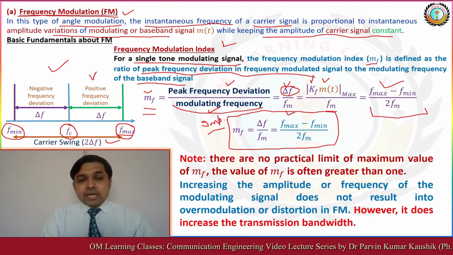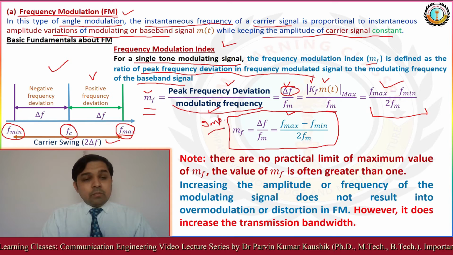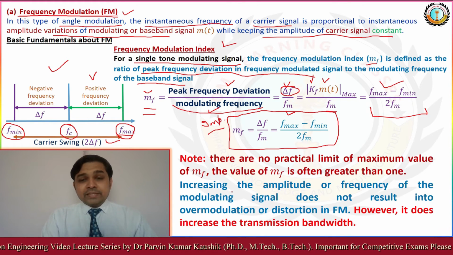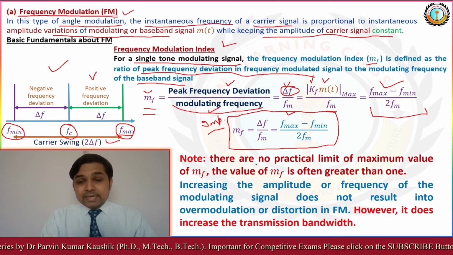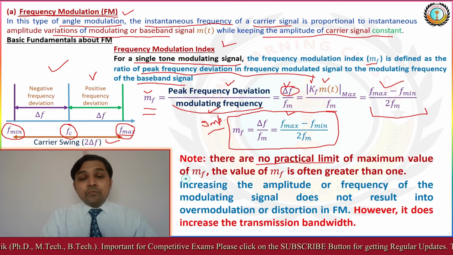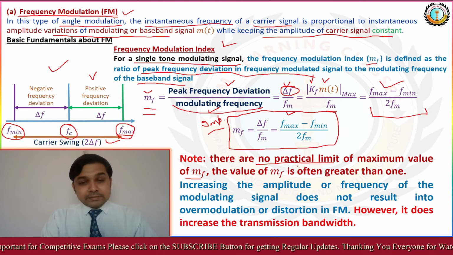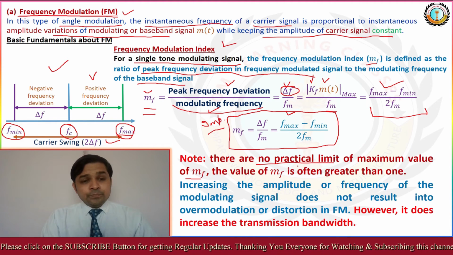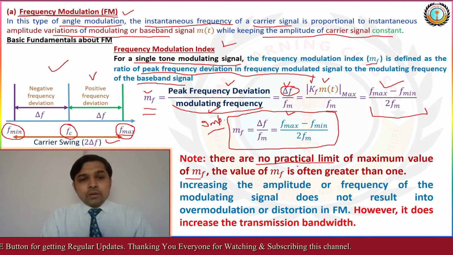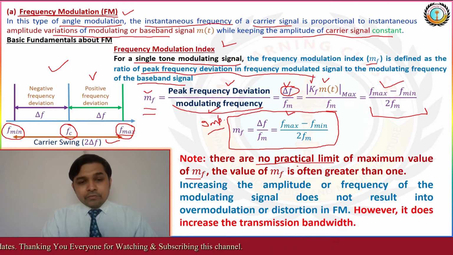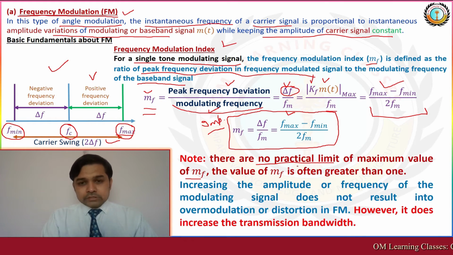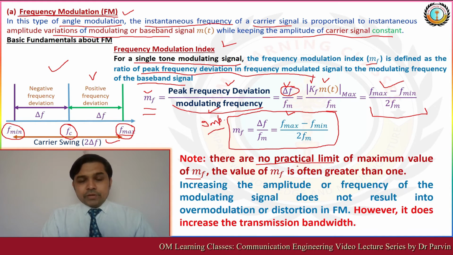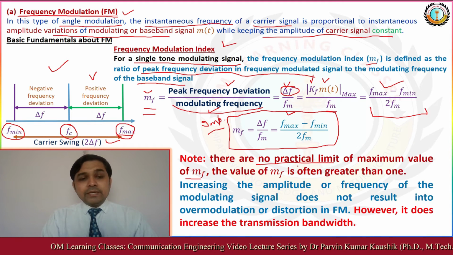If we observe the important points related to the modulation index of an FM wave, we find there is no practical limit on the maximum value of mf. Very important: there is no practical limit. If we compare this with the modulation index of an amplitude wave, for under modulation and critical modulation, the modulation index should be equal to or less than 1, and if it is greater than 1, over modulation takes place.